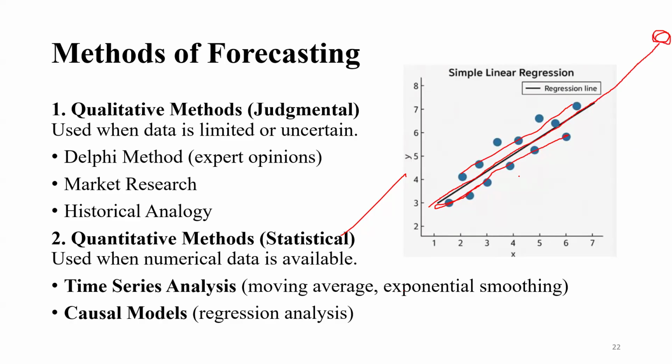Take this example: 1, 2, 3, 4, 5, 6, 7 are the months in a year. In the sixth month I'm earning this much, and for the seventh month I have got towards 7,000 rupees or so. But I don't know how much I will earn in the eighth or ninth month because I don't have data.